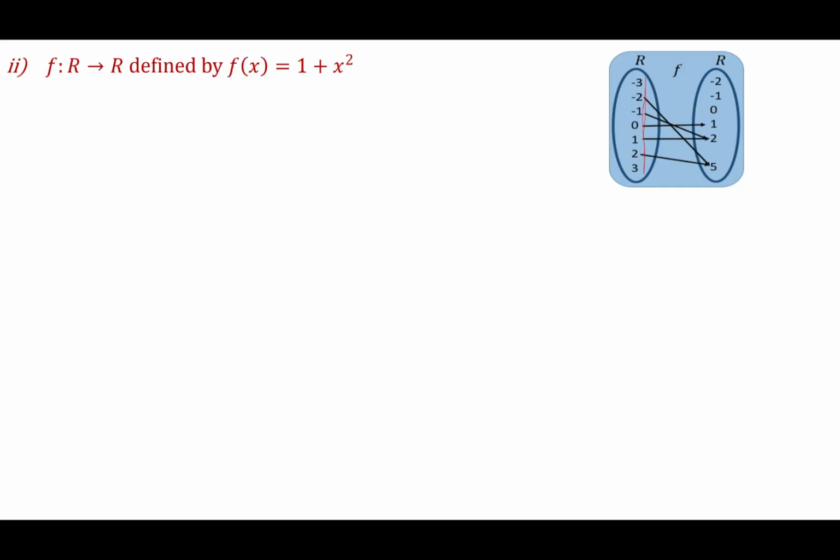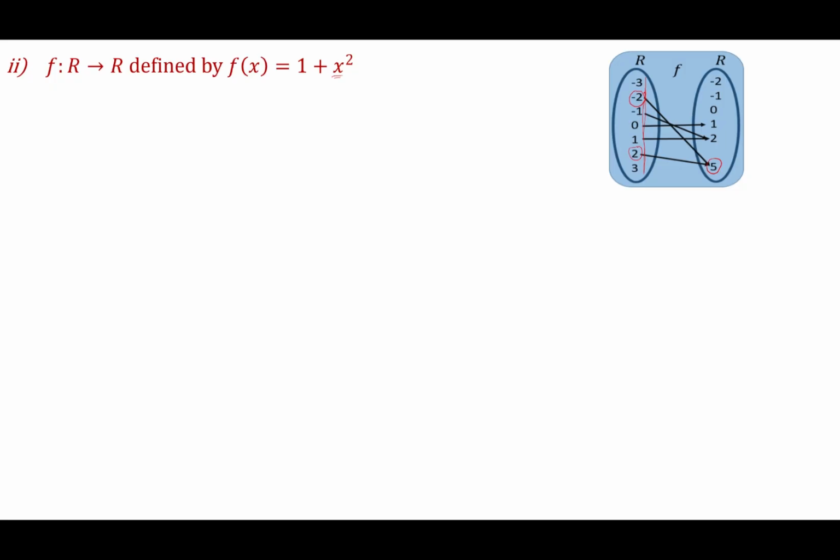So I took some values and I'm going to plug in here in place of x. Definitely I am getting an answer. But if I plug in negative 2, I got positive 5. Here, check, if I plug in 2, I got positive 5.